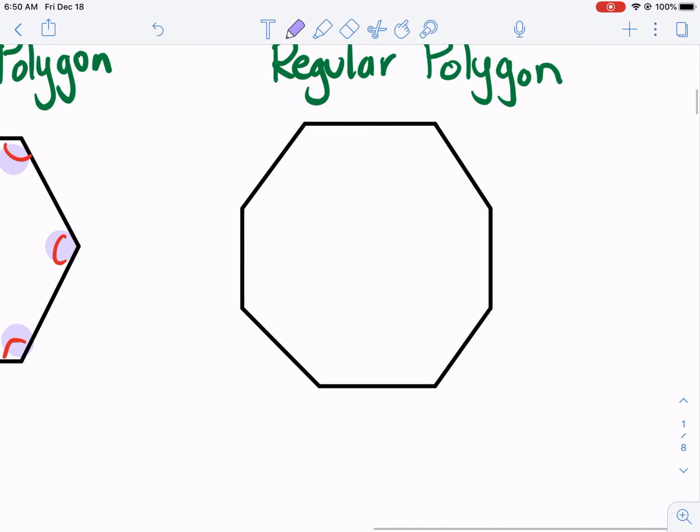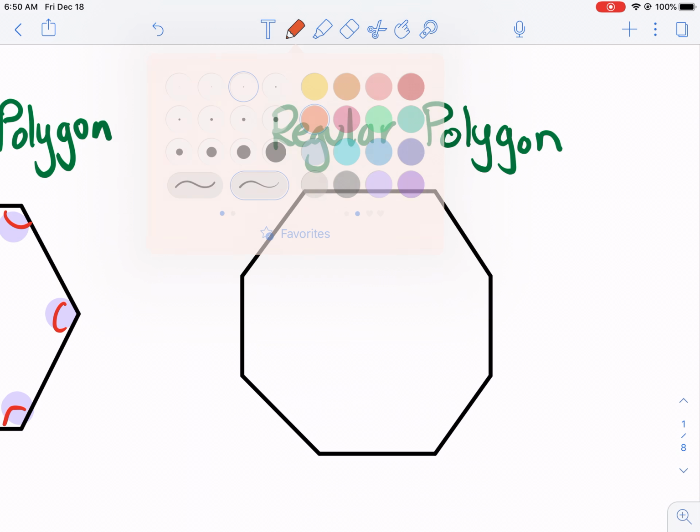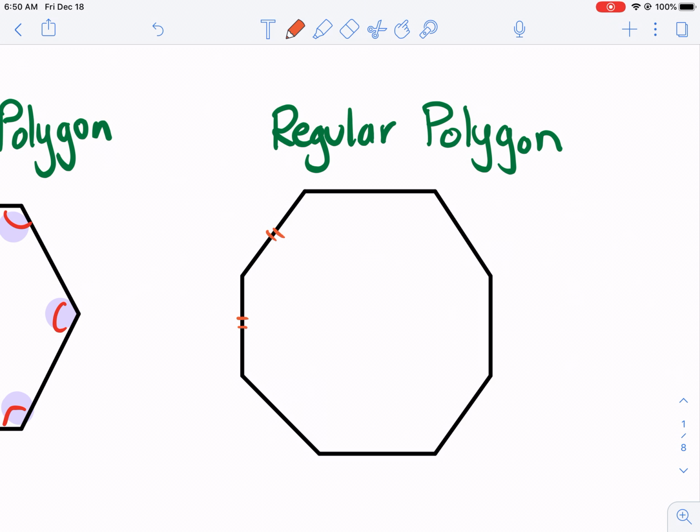Even though it doesn't really look like it, this isn't a fantastic drawing. We're going to add these little lines here in orange to indicate congruence, and then add some angles here too. If we have all these sides congruent and all these angles congruent, that is a regular polygon.